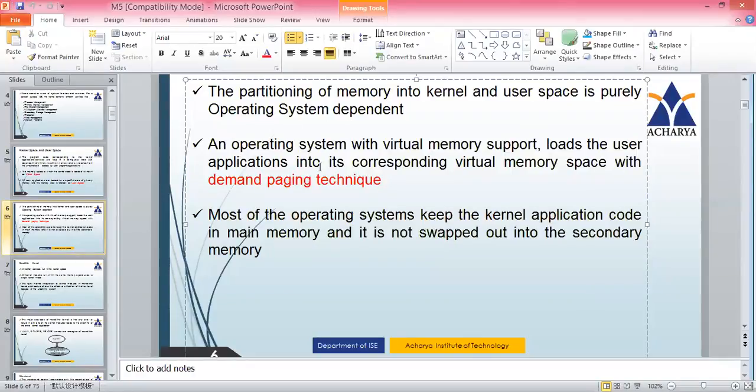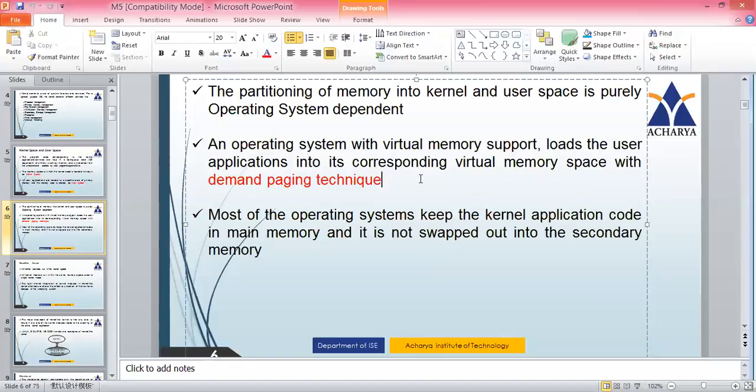An operating system with virtual memory support loads the user application into its corresponding virtual memory space with the demand paging technique. This you would have studied in the operating system subject. And how it gets swapped is the demand paging technique.